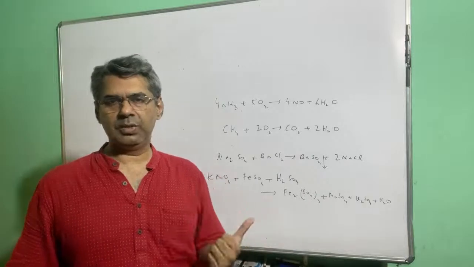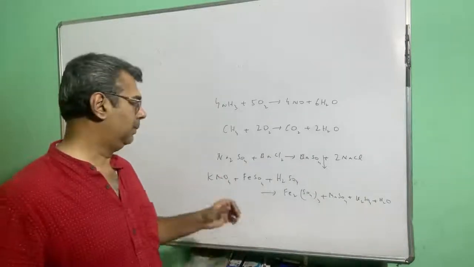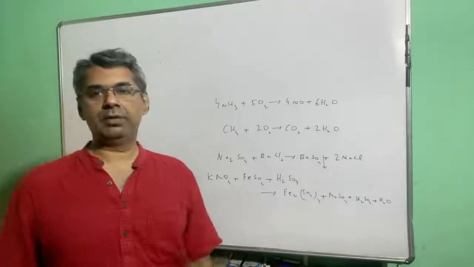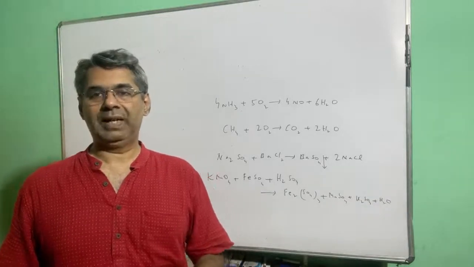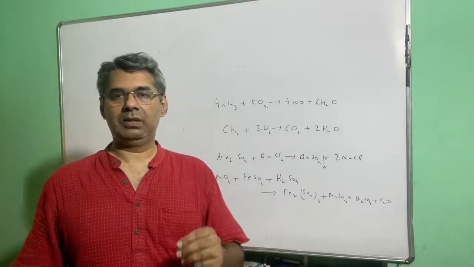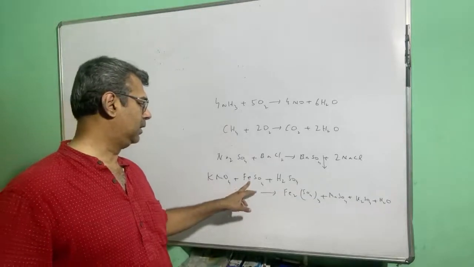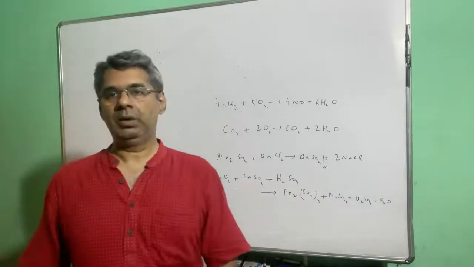Now why did I choose this example to tell you that this is an extreme example of redox? Because you will notice that in FeSO4 the valency of iron is 2, and in Fe2(SO4)3 the valency of iron is 3. So during the course of the reaction, the valency of iron is changing from 2 to 3.